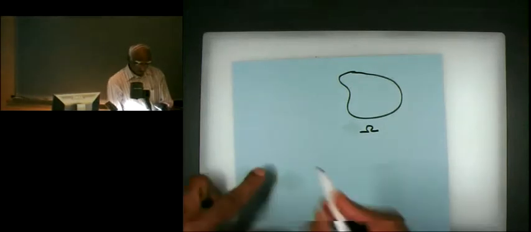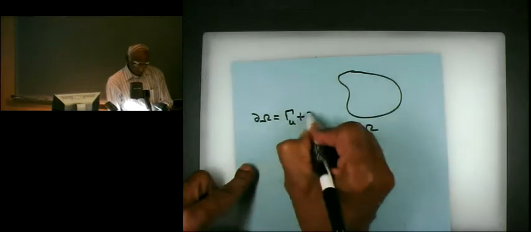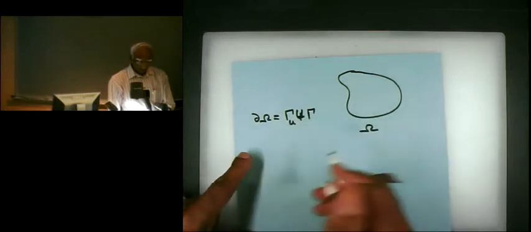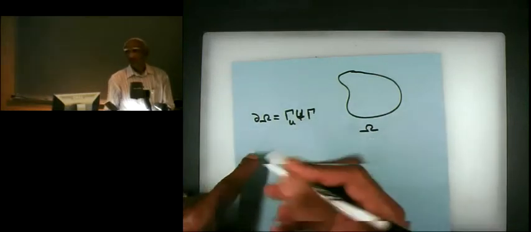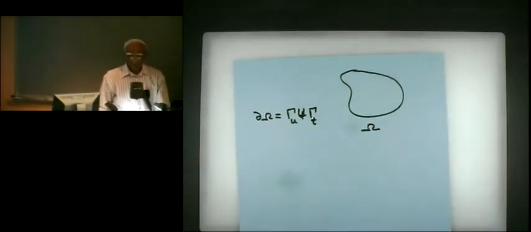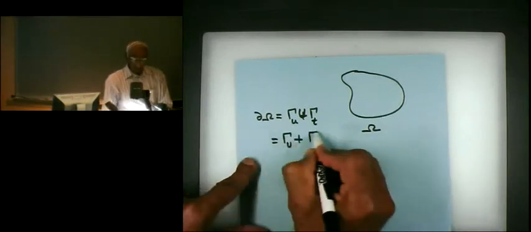This boundary we divide into two parts, gamma u, where this u is union. If you don't like the word union, then you can say plus. And this one I'm going to put T for traction. So what I'm saying is the boundary has two parts. Either you can say gamma u plus gamma t, or gamma u union gamma t, depending upon your preference. Technically it is union, but if you don't like that word, you can say plus.